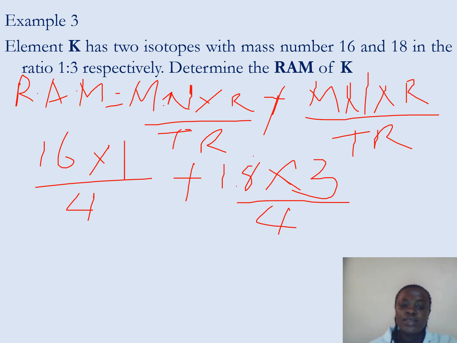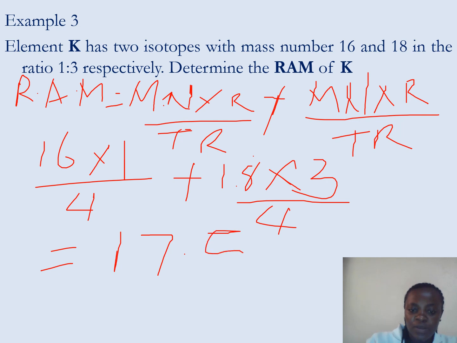So when we multiply 16 times 1 over 4, that is 4, plus 18 times 3 over 4, the answer will be 17.5. We leave it like that without the units. So the relative atomic mass of K will be 17.5. I hope you are following.